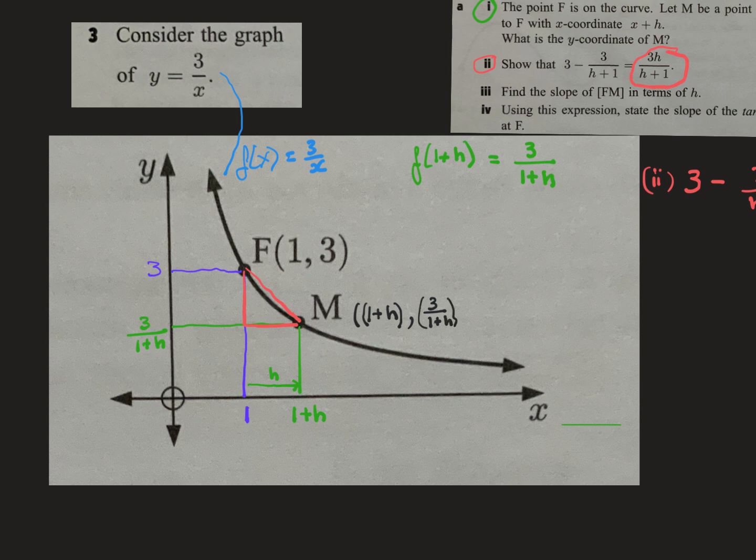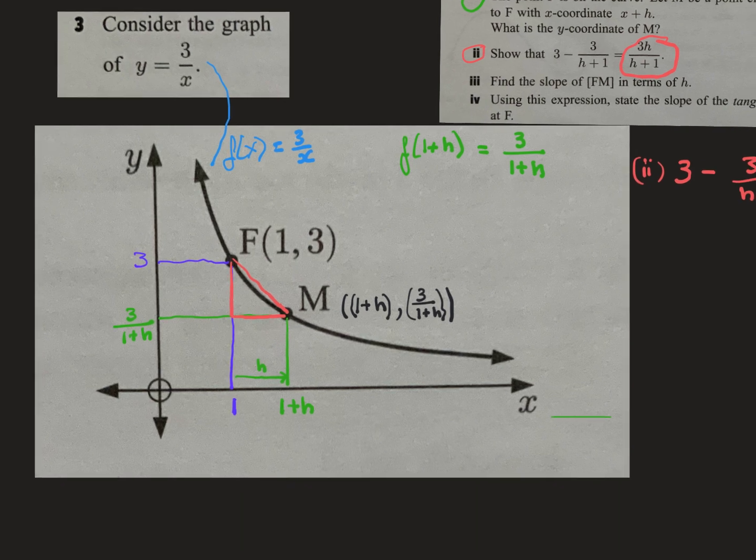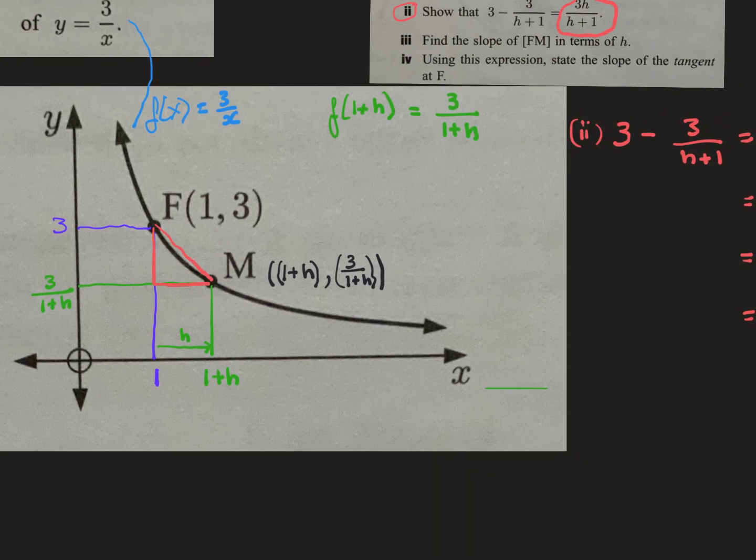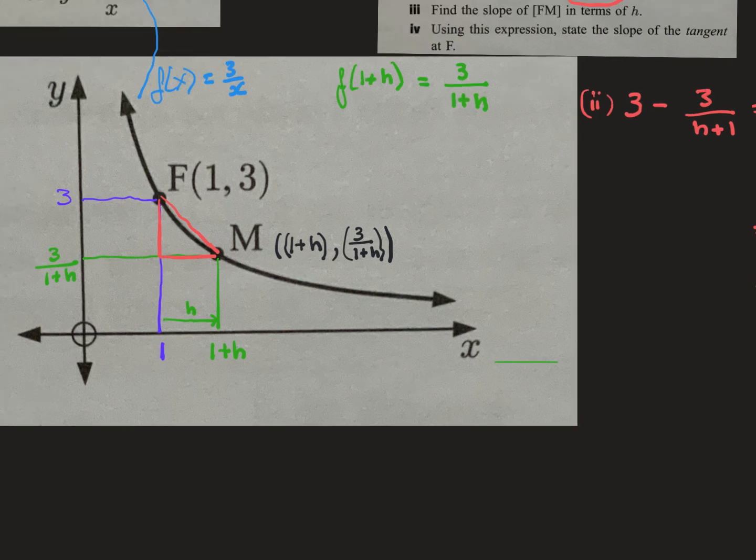Once again, I'll be finicky and use outer brackets. So we've got the 2 points. Now, you know that to find the slope at any point, what we need to do is to determine the y step over the x step.